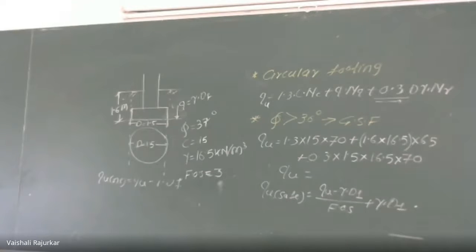Full stop. Soil has a unit weight of 15 kilonewton per meter cube.